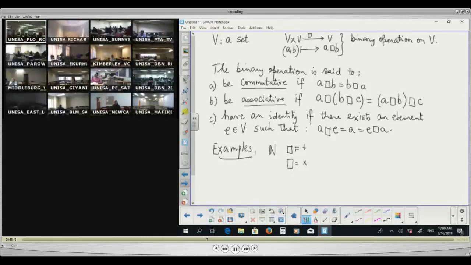So over here, it's commutative, associative, and the identity is 0 for addition. Over here, it's still the same. Here it is 1.